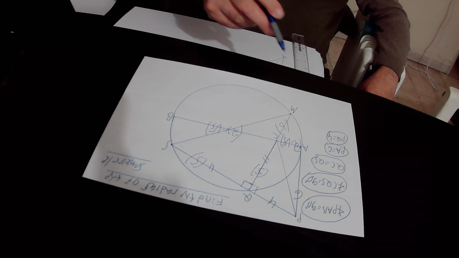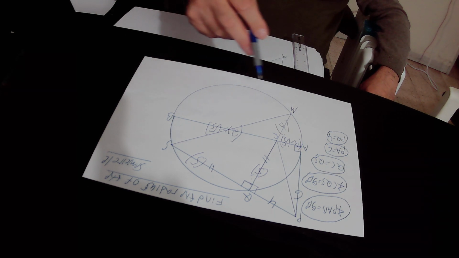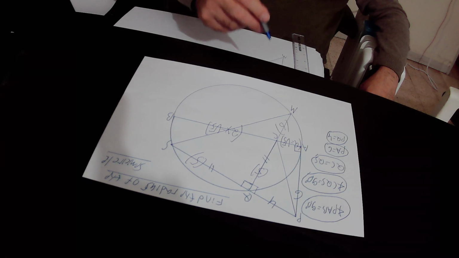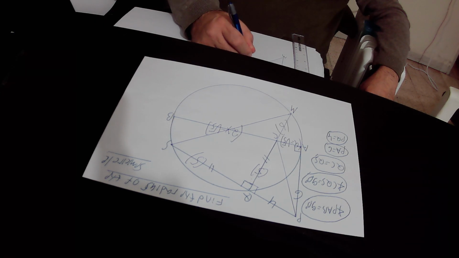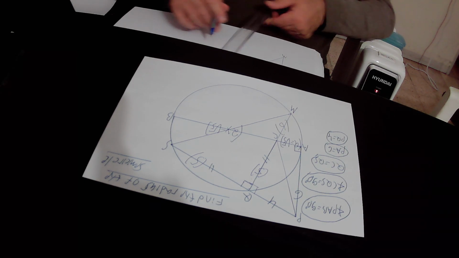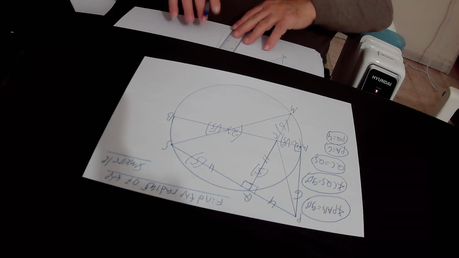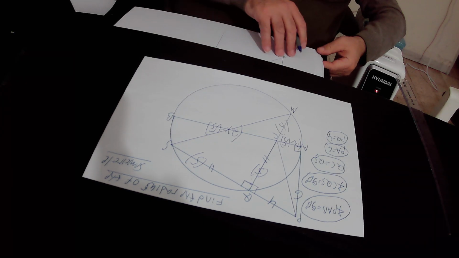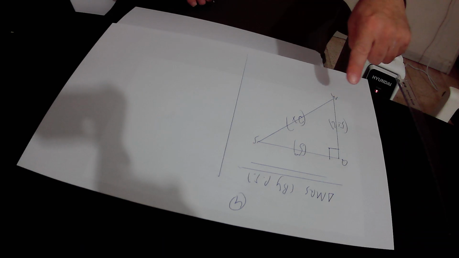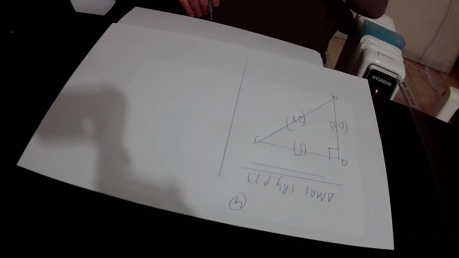And the hypotenuse MS is the diameter of the circle. That is to say, it equals 2x. So actually, this is the right triangle QSM that I copied from the original drawing.